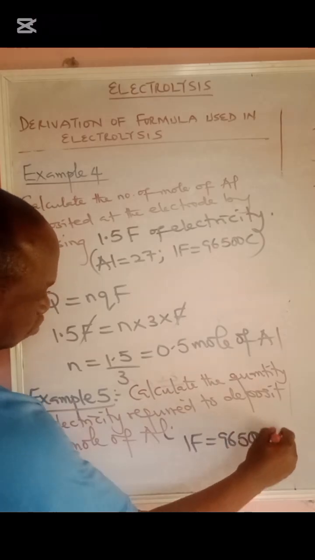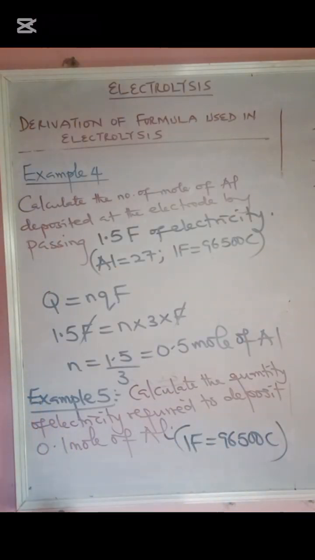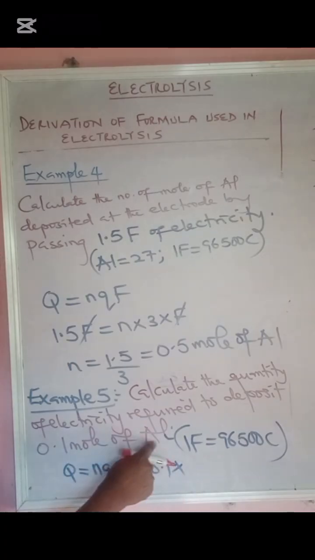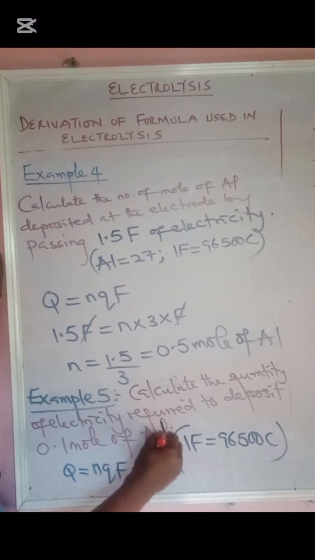To answer this question, Q is equal to nQF. Straightforward. What is n? That's the number of moles, 0.1. What is Q? Aluminium has a valency of 3. Faraday is 1.